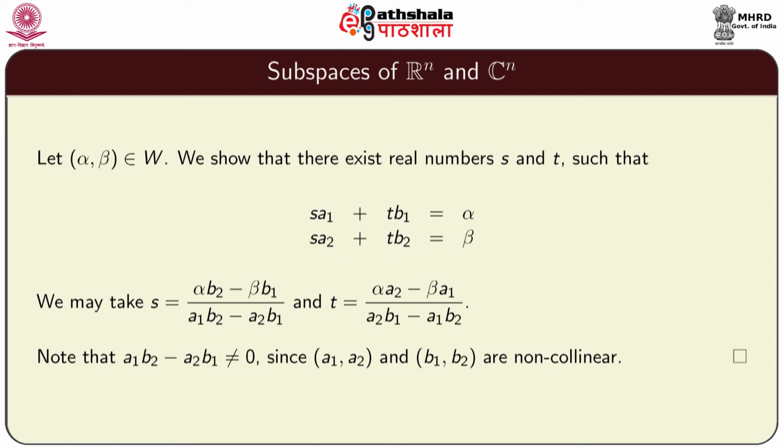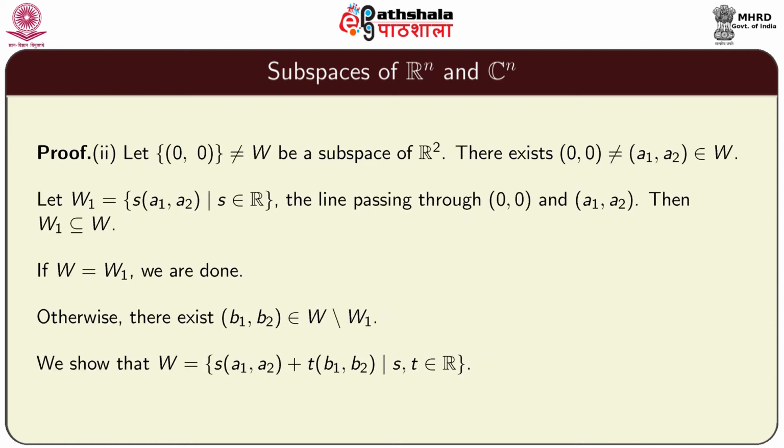If I show you the previous slide, A1 A2 and B1 B2 are not collinear because B1 B2 belongs to W and it avoids W1. And what was W1? W1 was the line passing through 0 0 and A1 A2. So, if B1 B2 is not in W1, that means B1 B2 is not sitting on the same straight line passing through the origin and A1 A2.